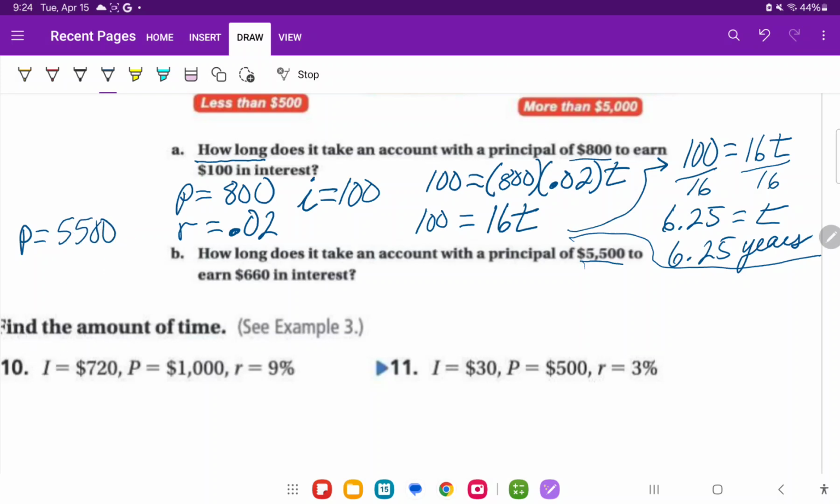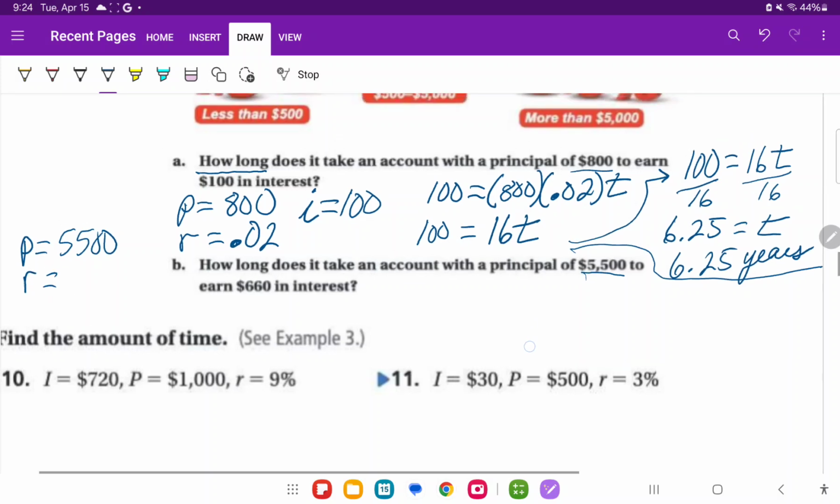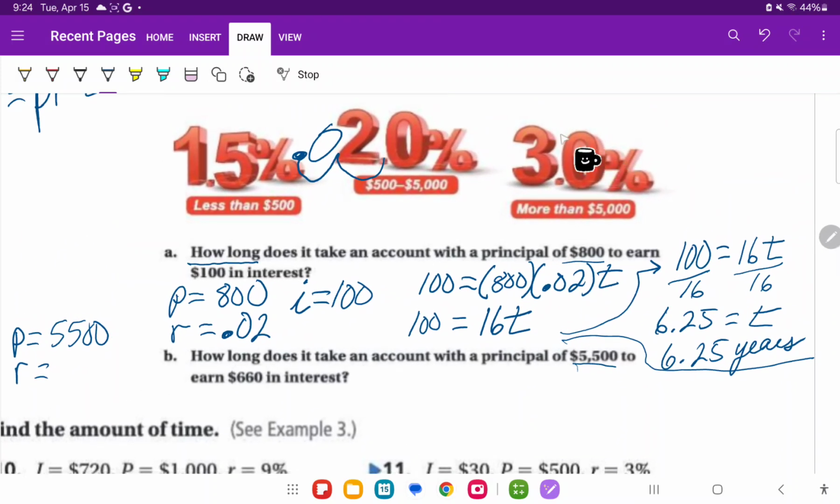Okay, the rate, well, since we're going to save that much, that puts us up into this rate. So if we move that over 2 places, 0.03 is my rate. And then the interest is $660. How long does it take till I get that much in interest?